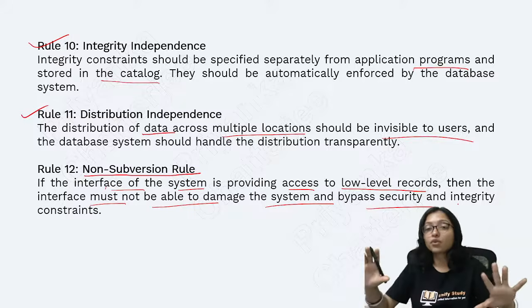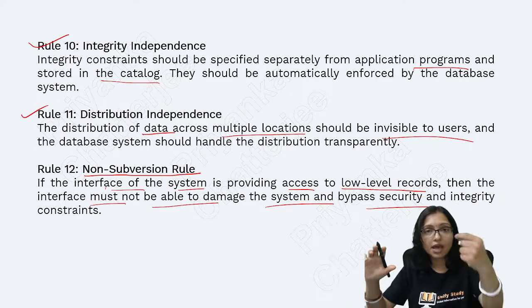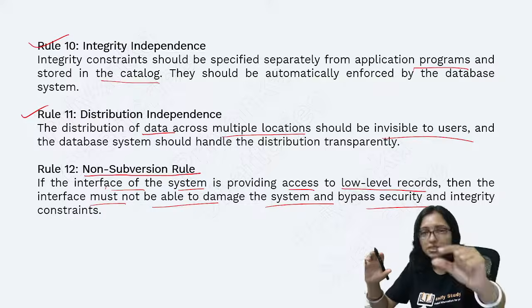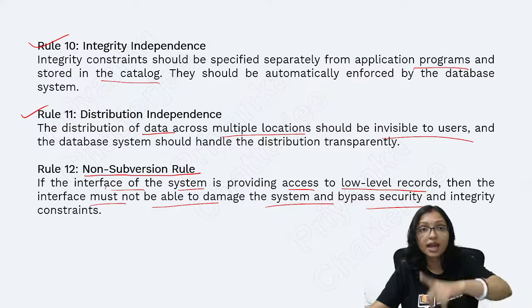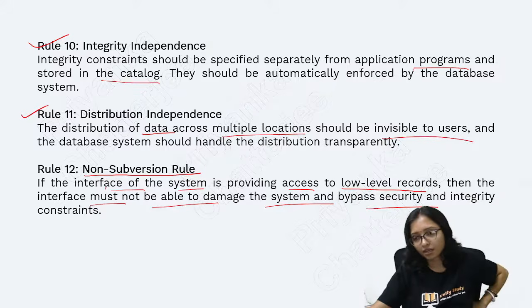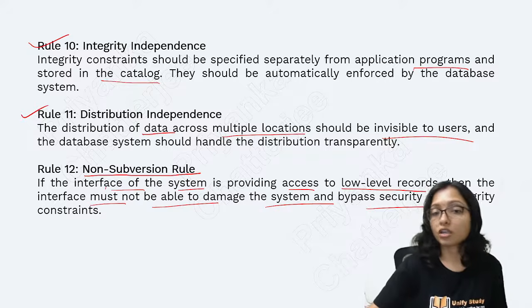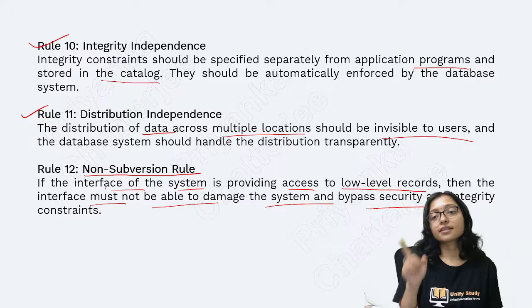It is very important. I am giving you access to some specific low level, and you should not be allowed to use that access to affect the original database. That will not be possible, and that security should always be there in the database.